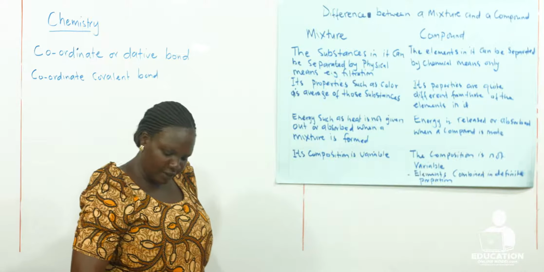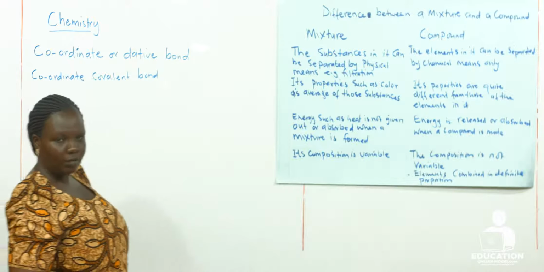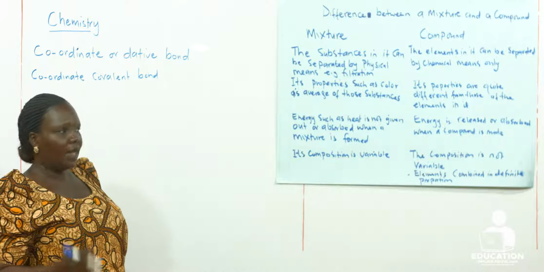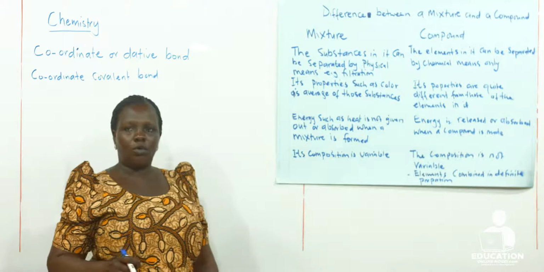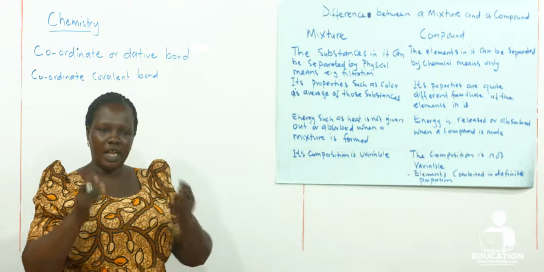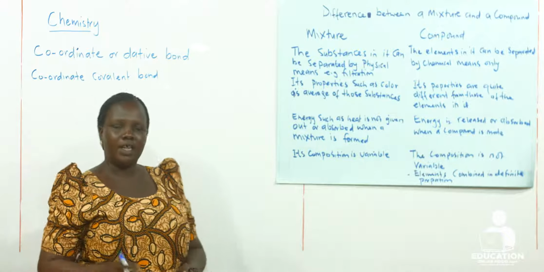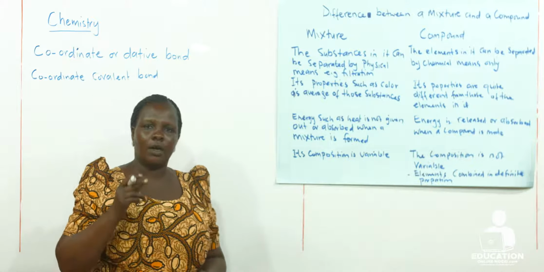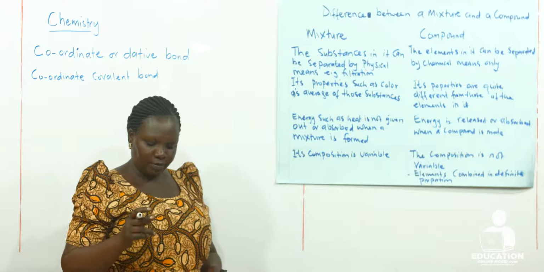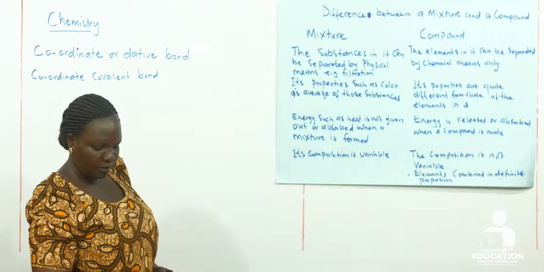But the difference is that the electrons shared will be donated by only one atom. But in covalent bond, we have both atoms donate, and then the electrons donated will be shared equally between the two atoms. But in dative covalent bond, one atom will donate and the other one will accept.